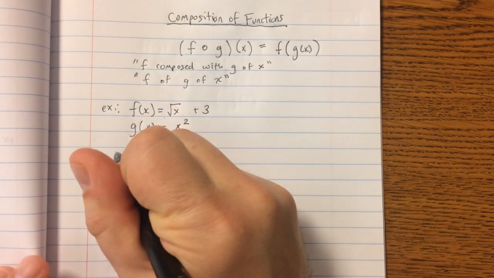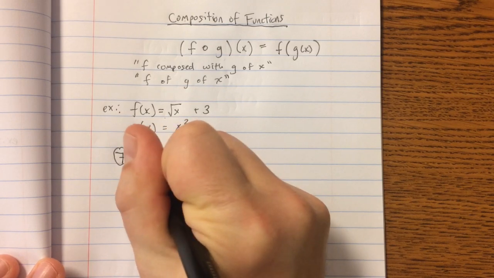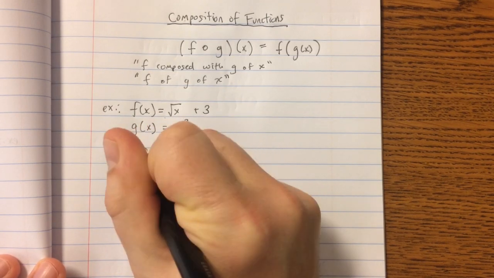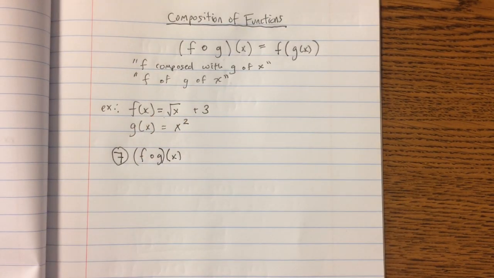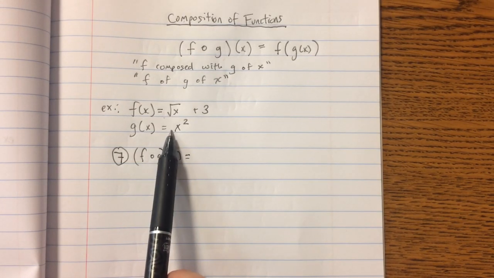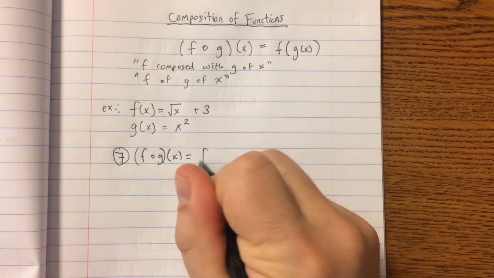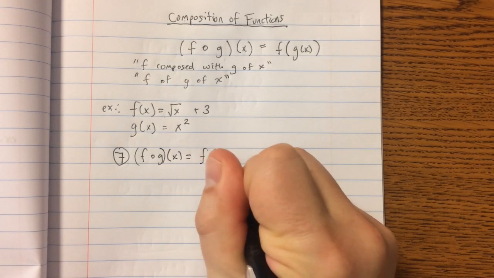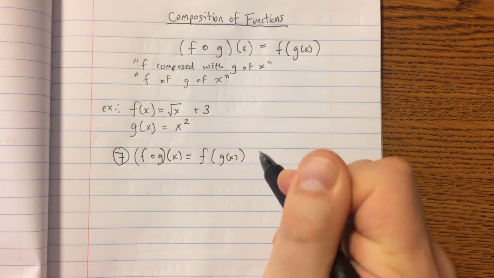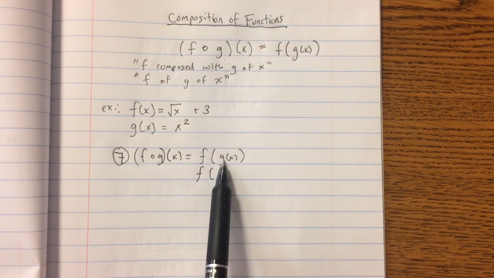So if I want to find the function F of G of X, then what I'm going to do is substitute the G function into the F function. This is the same thing as saying F of G of X. So in other words, we're going to plug in whatever G is into F.